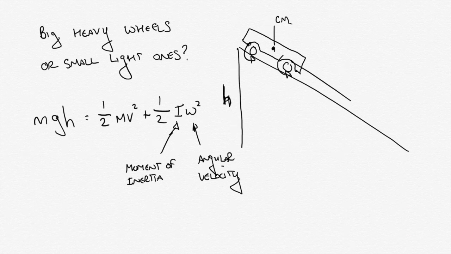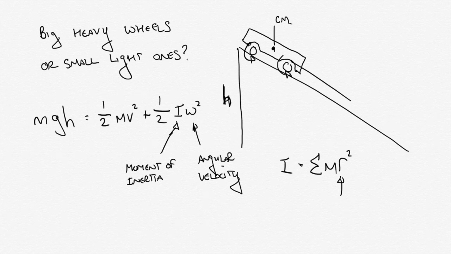Every object will have its own moment of inertia, and the moment of inertia also depends on how far the mass is concentrated from the center of rotation. So you might have seen this equation as well: I is equal to sigma m r squared. It depends on how far the mass is distributed from the center of rotation.